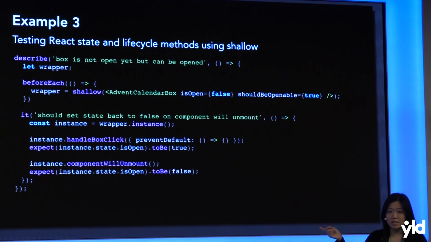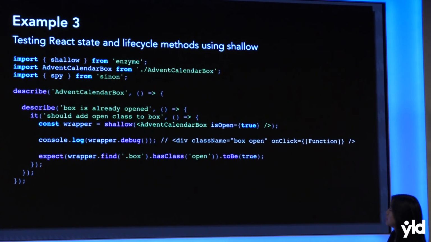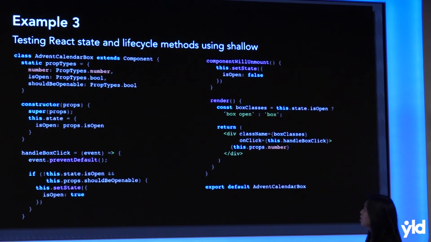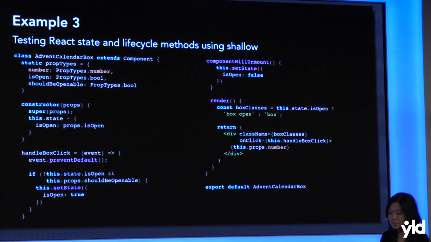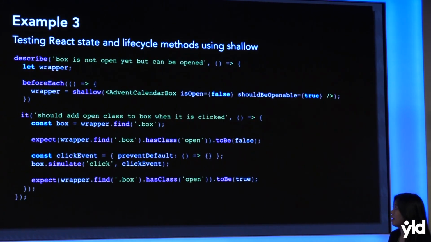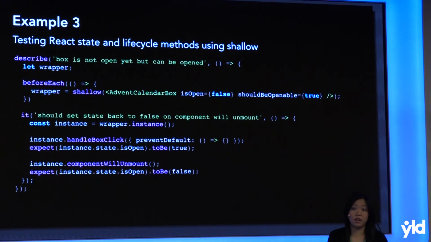Even though you're using a shallow render, you can access the instance of the wrapper, which gives you access to all of those instance methods that you defined. In this case, handle box click is an instance method, component will unmount is an instance method, and once you've defined the instance here, you can trigger all of those methods directly.